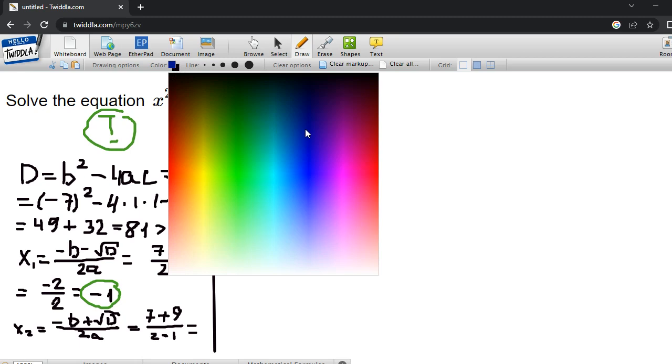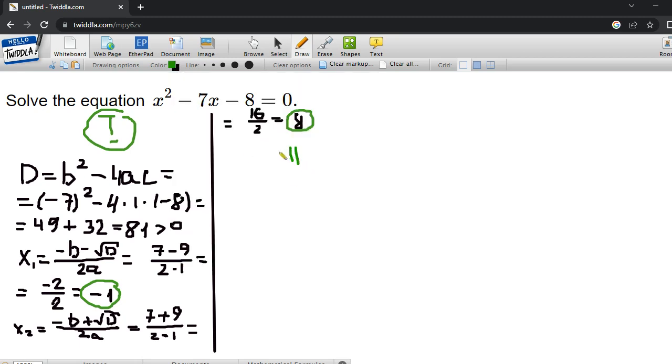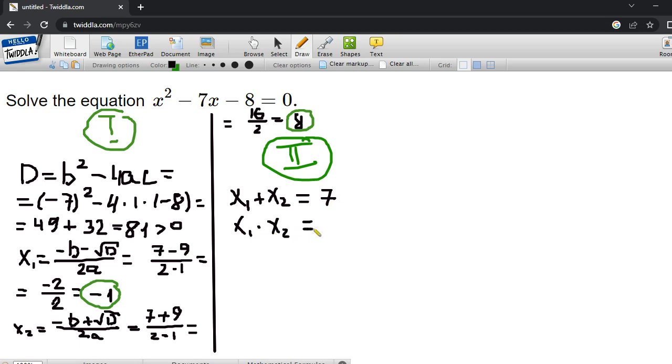The second method, we will use Viet's theorem. According to Viet's theorem, we have the following: x1 plus x2 equals 7, and x1 times x2 equals negative 8.